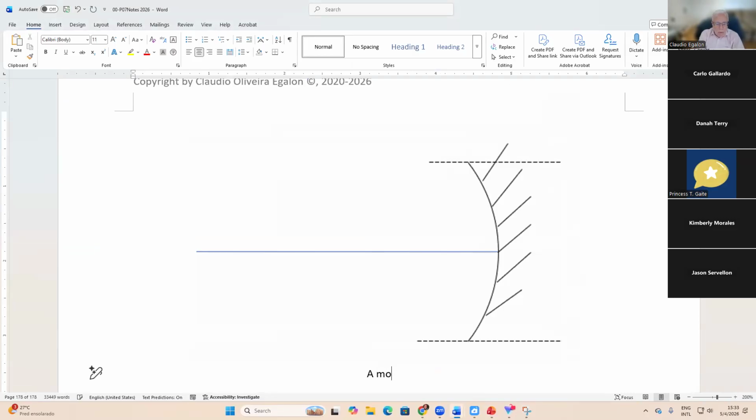A more realistic drawing, right? Of a concave spherical mirror, drawn with its axis.